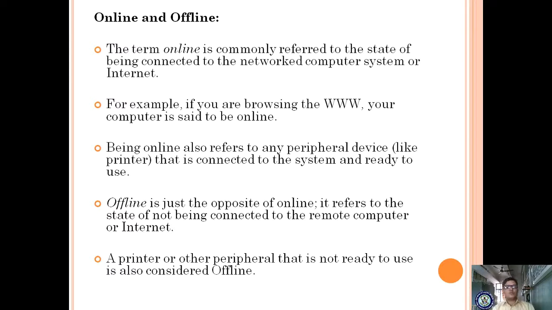Being online also refers to any peripheral device that is connected to the system and ready to use. So if you are online, you can also use some peripheral systems. It is just like the ads you see, for example a printer ad. A mother sends her child to the school bus, and then the boy realizes he has not brought the hard copy.